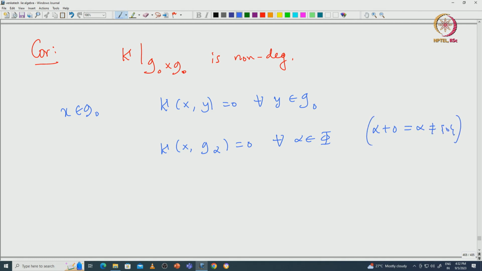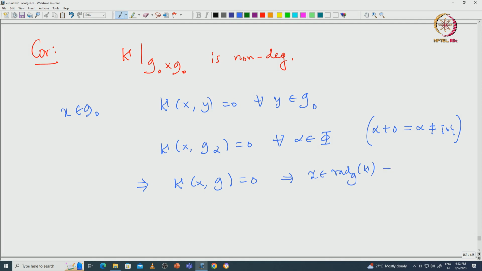So we see that g naught and g alpha must be orthogonal to each other for all alpha in phi. Then that implies kappa of x comma g must be 0 for all x in g. So that would imply that this x is inside the radical of kappa, computed inside g.